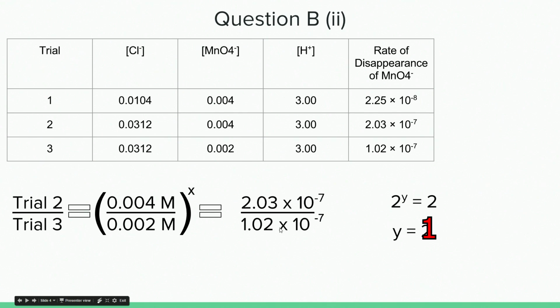Again, we don't have to include these units because they'll just cancel out. If you simplify this, this is 2 times as large as that, so you get 2 to the y, and this number is twice as small as that, so you get 2. And 2 to the second is 4, 2 to the first is 2.